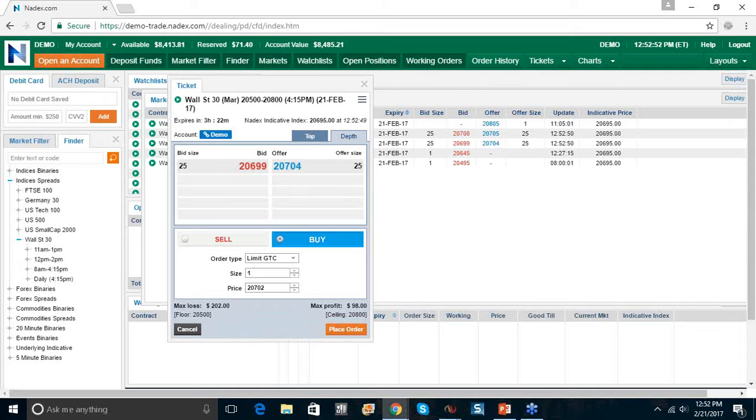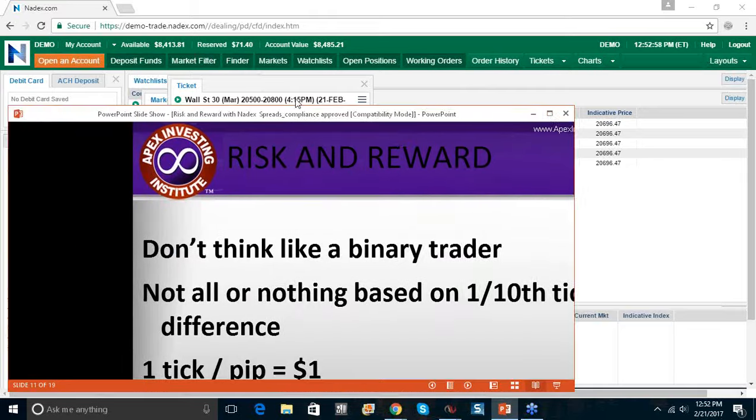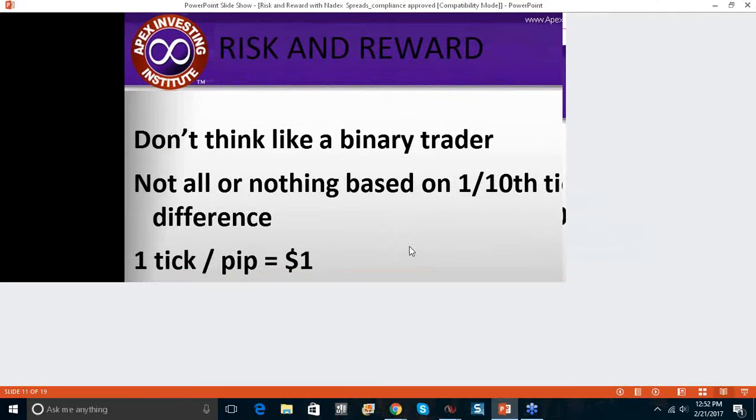But understand that when it comes to spreads, you have to change your mentality. You cannot think like a binary trader. Spreads are not all or nothing at expiration based on one tick or 1/10 of a tick.